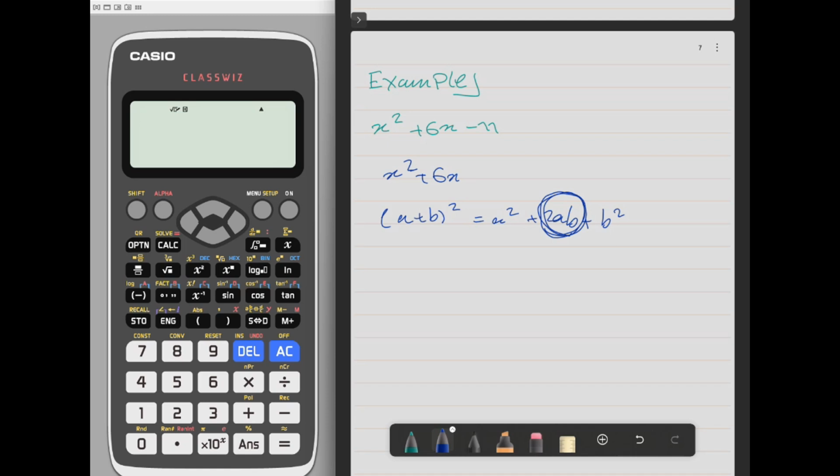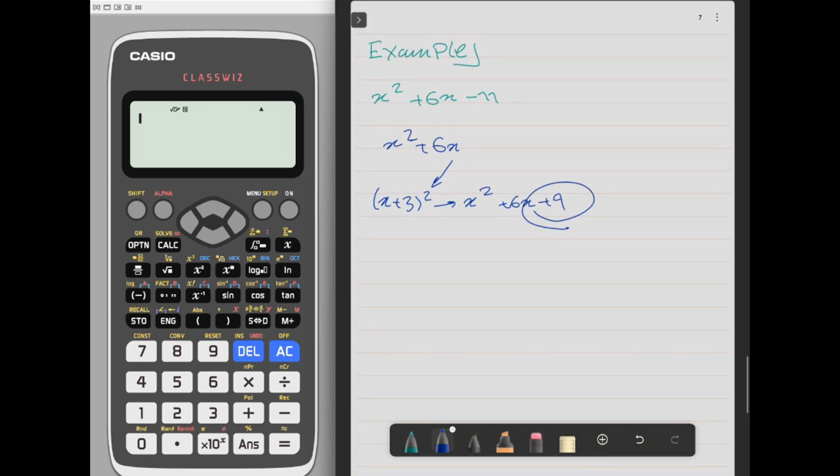This is our 6. So x squared plus 6x, we're just representing (x plus 3) squared. But wait, if I expand (x plus 3) squared, it will become x squared plus 6x plus 9. But I don't have a plus 9 here.